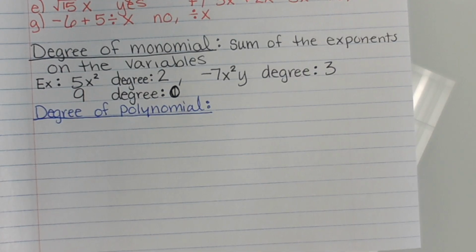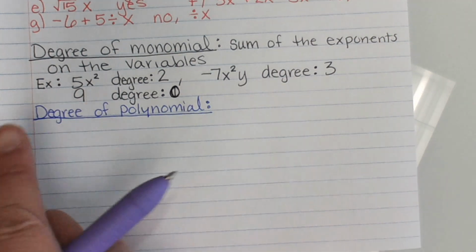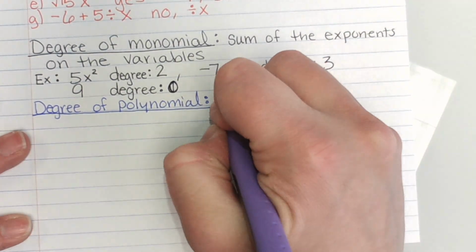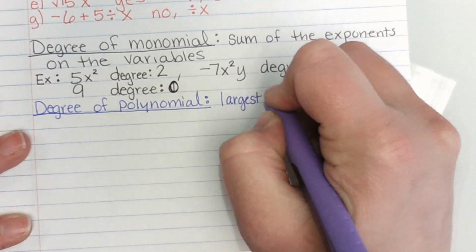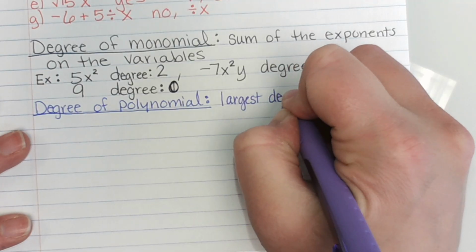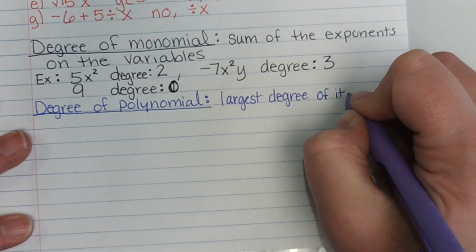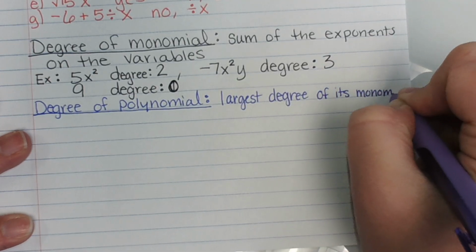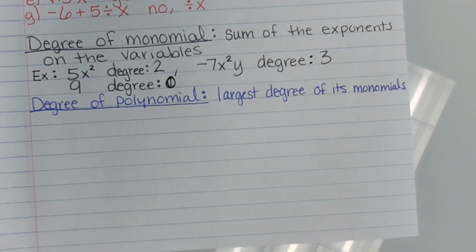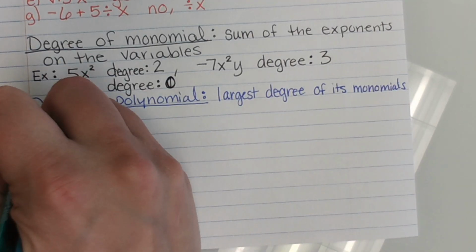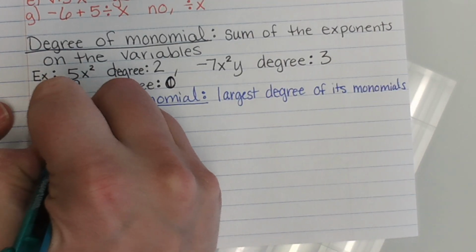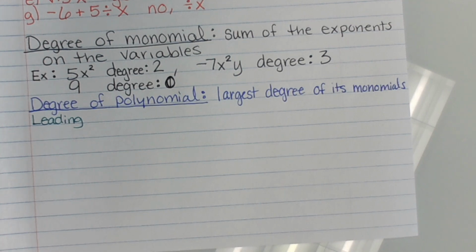You add up the exponents on the individual monomials that make it up, and the polynomial's degree is the largest degree of its individual monomials. We're going to do some examples of that here in a minute. There's one more term I want to talk about first, and then that'll lead to our examples.